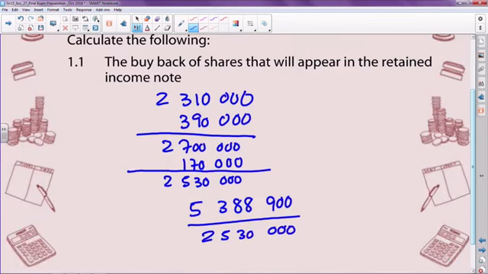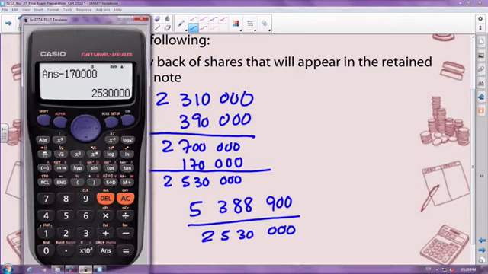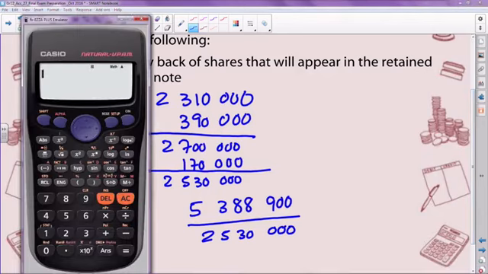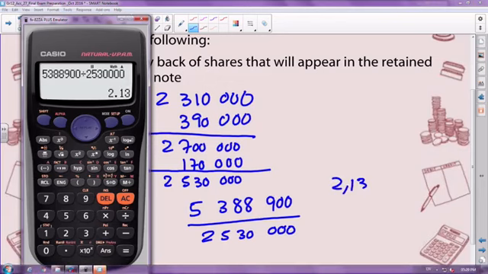So let's do that: 5,388,900 divided by 2,530,000, and that will give you a figure of R2.13. Okay, now the R2.13 is your average price of your shares.